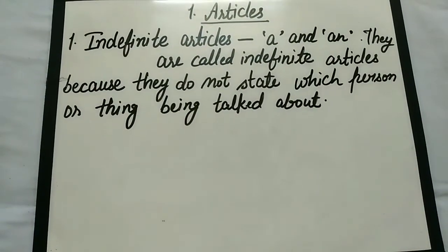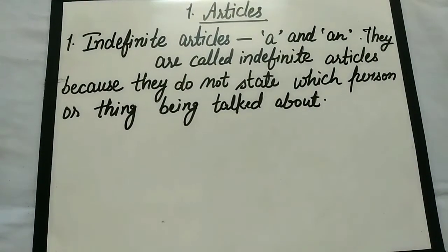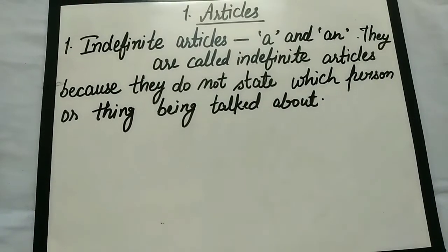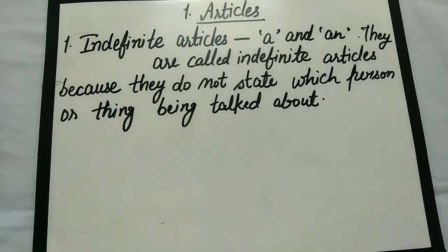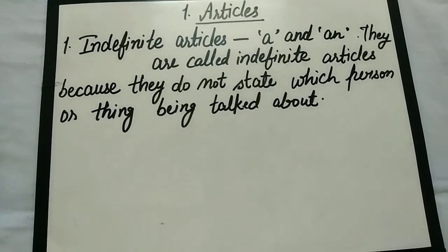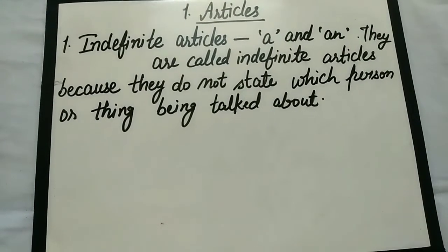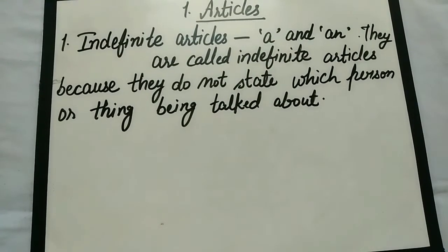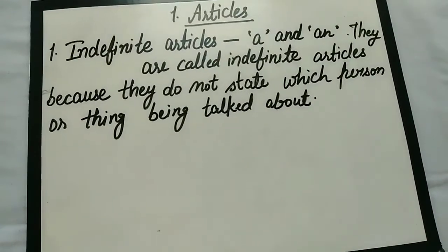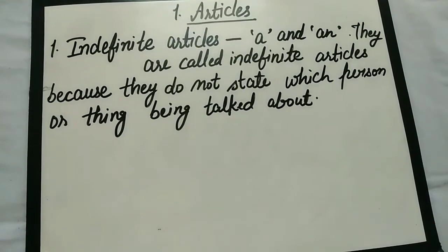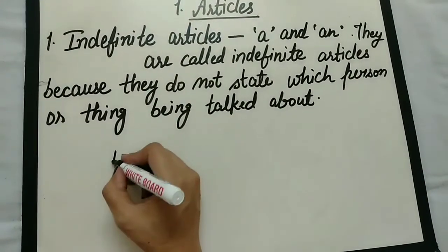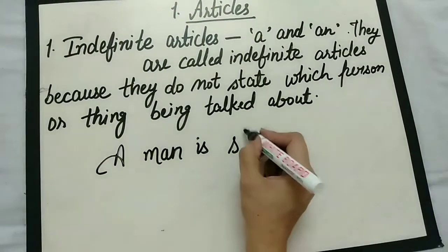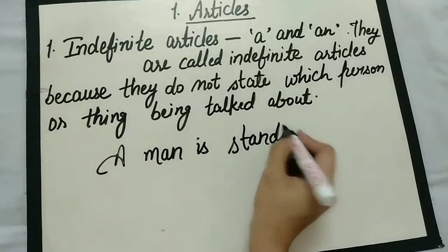Now we will read about the indefinite article and definite article briefly. A or an are the indefinite articles, and they are called indefinite because they do not state which person or thing is being talked about. For example, a man is standing at the door.